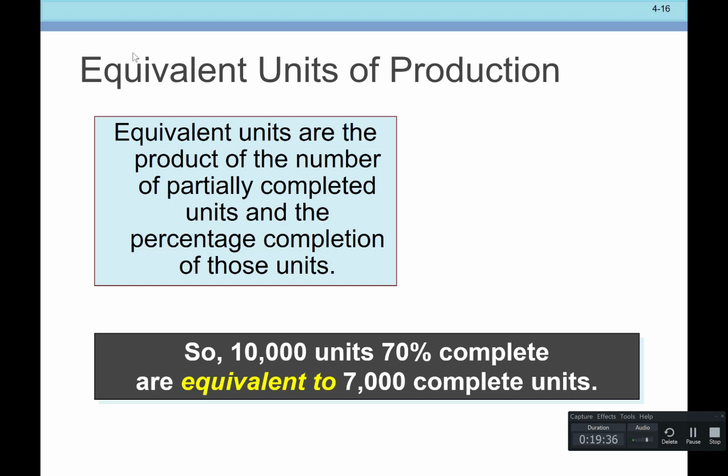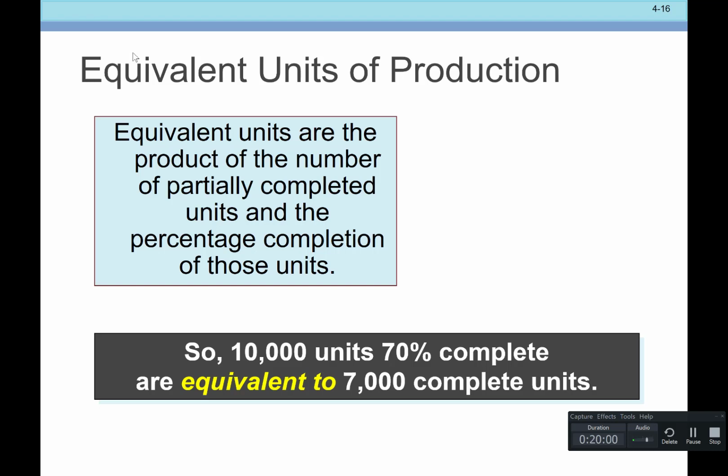The way we do this, and the calculation is pretty easy: if we had 10,000 units in process, and we look and say, hey, we're 70% done, we've hit 70% of this big flake, but my guys want to go home. It's New Year's Eve. They don't finish that last 30%.